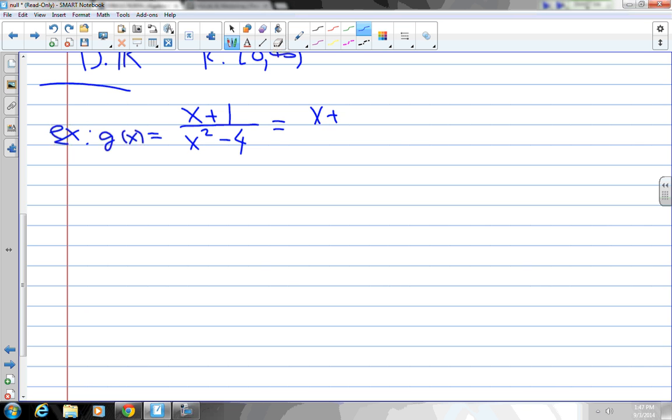And this is what we'll be doing a lot later on when you see a function like this. It's always a good idea to factor it first. It makes it easier to play with. So now we can see that x equals 2 and x equals negative 2 would both cause trouble. Everything else will work. So the domain here would be all reals except for plus or minus 2.